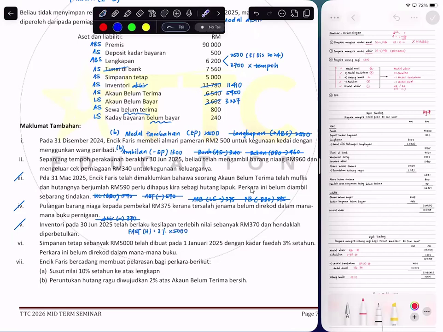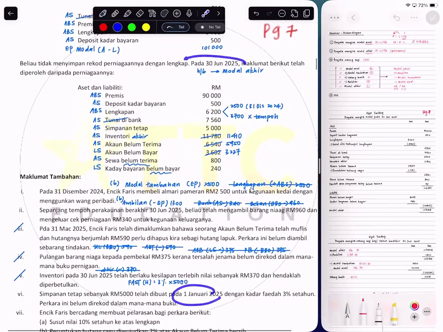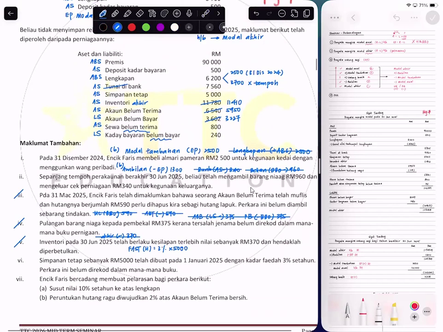But you only keep the money since 1st January, and from 1st January until 30th June. How many months here? From January until June, we have how many months there? 6 months. So we need to calculate times 6 over 12. It will be 75.